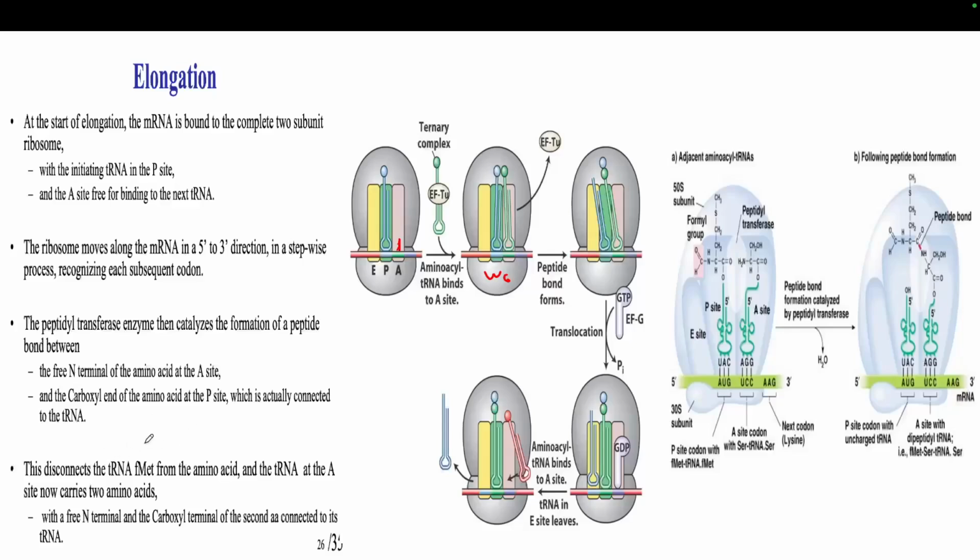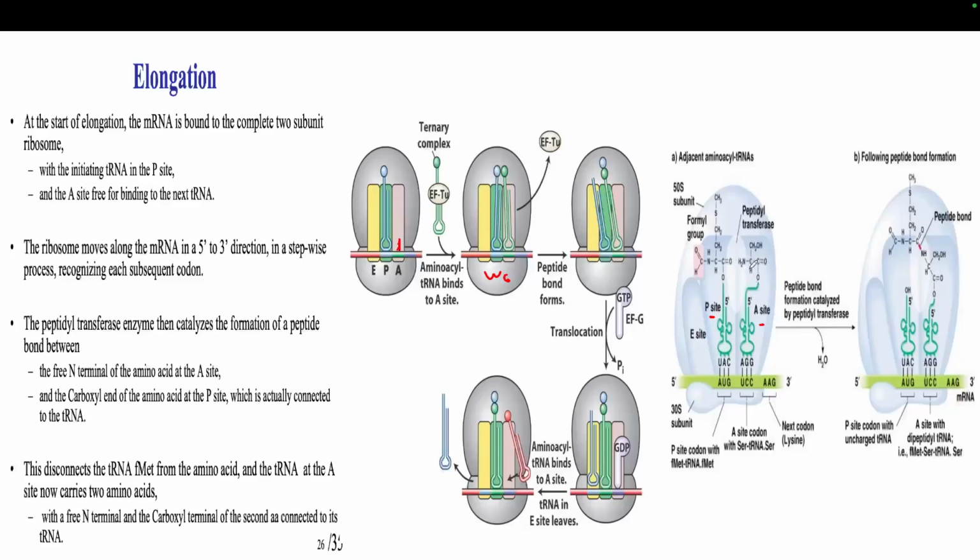Okay, if you see here, this is present at the P site, and this is the new amino acid which is present at the A site. So what peptidyl transferase will do is create the peptide bond between these two amino acids, the initiator amino acid and the next amino acid.